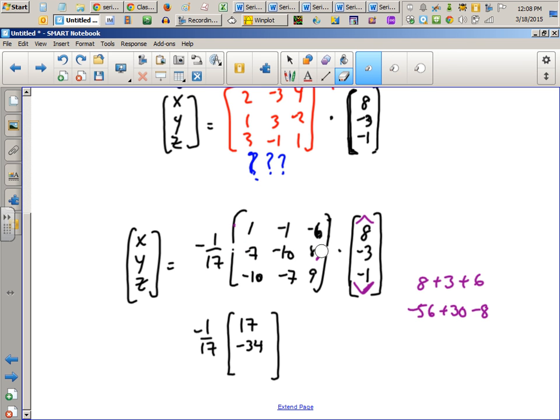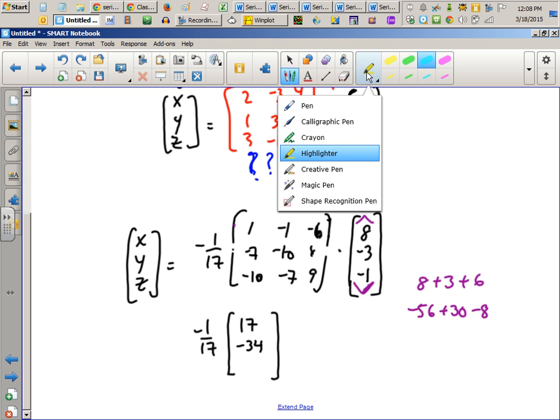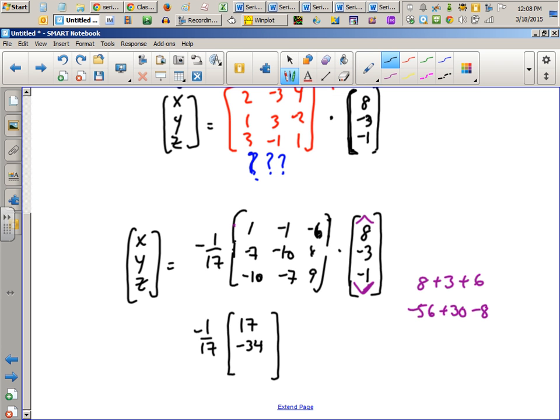Okay, our next one. This is an 8. The last one is the dot product of negative 10, negative 7, and 9 with 8, negative 3, negative 1. We have a negative 80, a positive 21, and a negative 9, which all combines conveniently to negative 68.